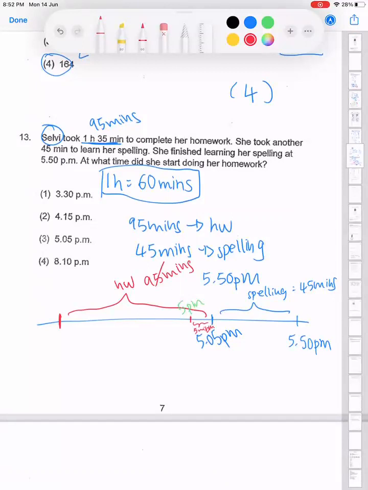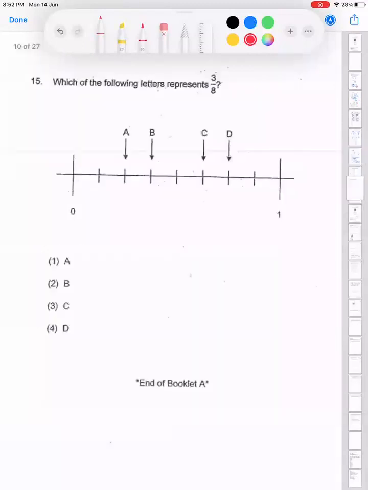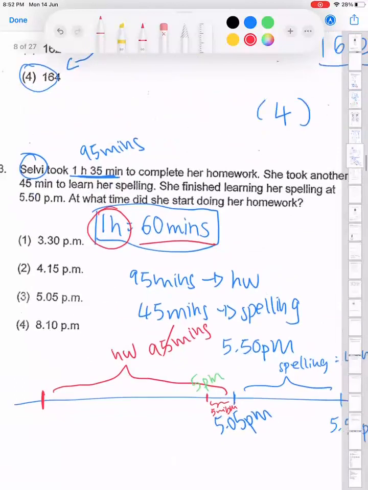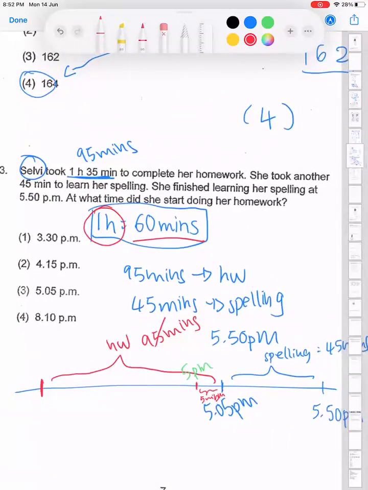Okay, now we also know that 1 hour equals 60 minutes. 90 minutes, oops, why does it keep jumping? Okay, sorry guys. So 90 minutes would mean 1 hour and 30 minutes. So we can just bring 1 hour down. 60 minutes, 1 hour, right?